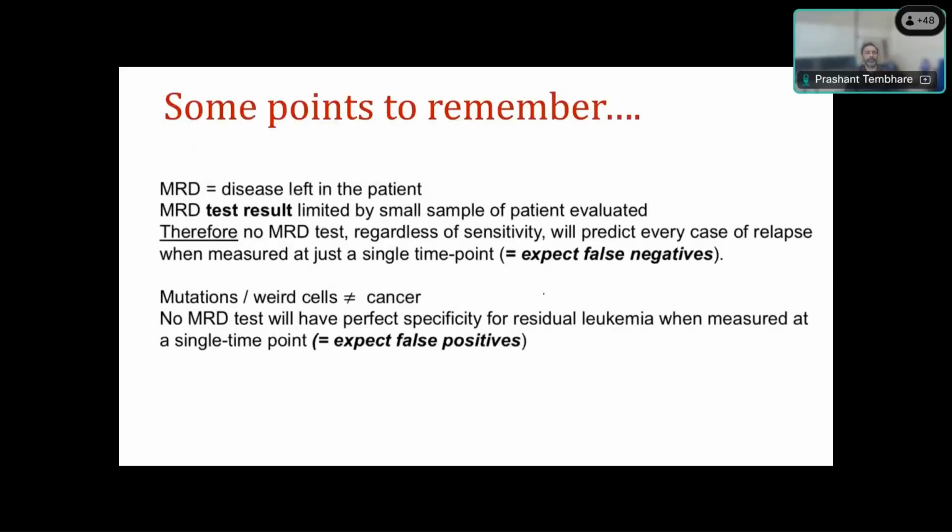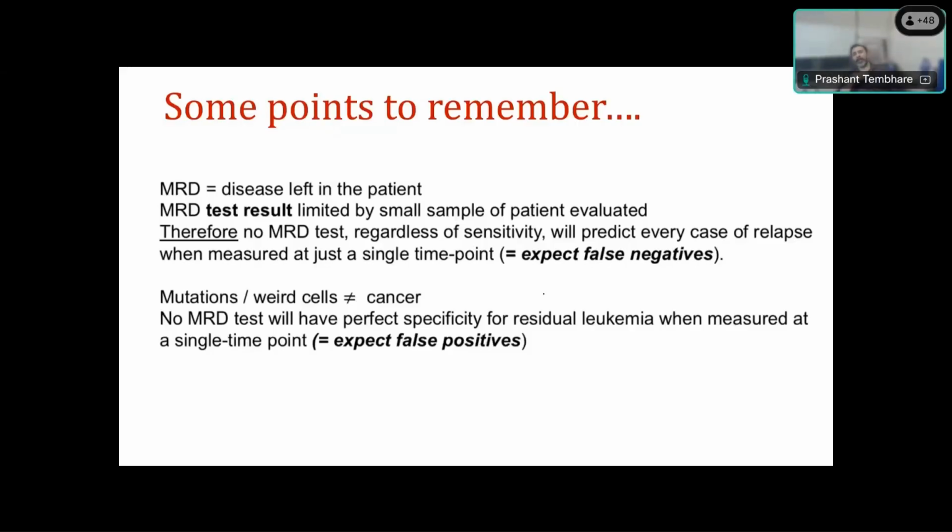Some points to remember: MRD is the disease which is left after treatment, but it is always limited by the sample, because you are taking a sample from, let's say, the iliac bone. That doesn't mean it represents the whole body, right? You can still have residual disease in other parts of the marrow or body.